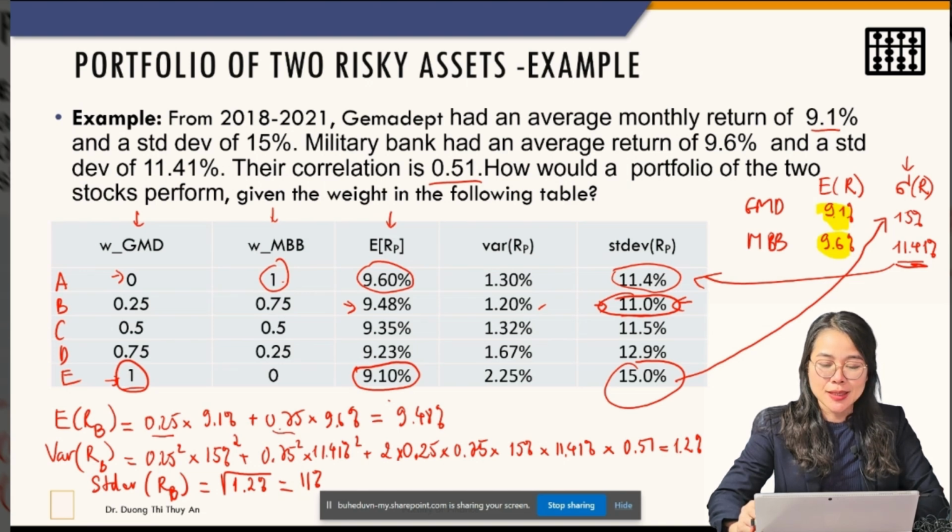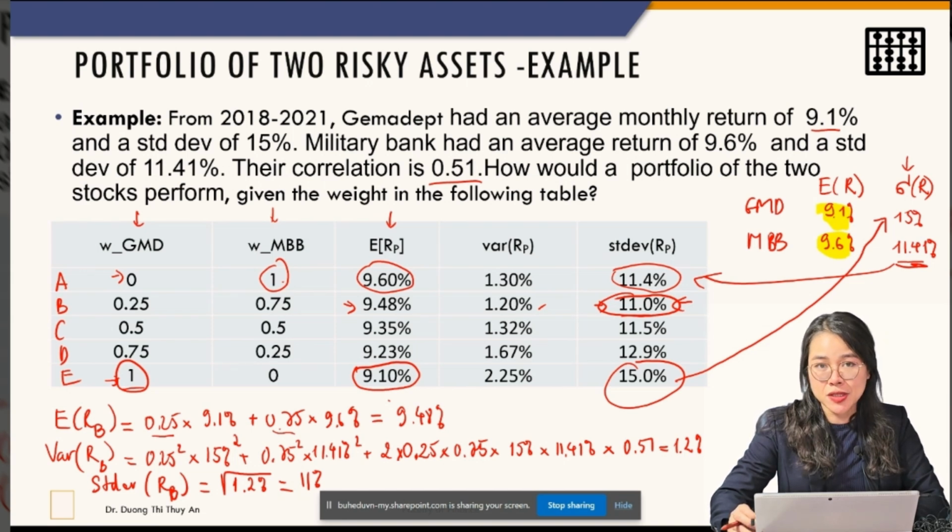So that is simple, and we are working on a portfolio of two financial assets. If we have a portfolio of 3 assets, 5 assets, or more, the calculation will be more complex.